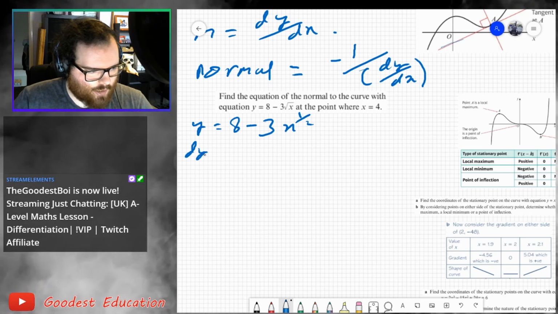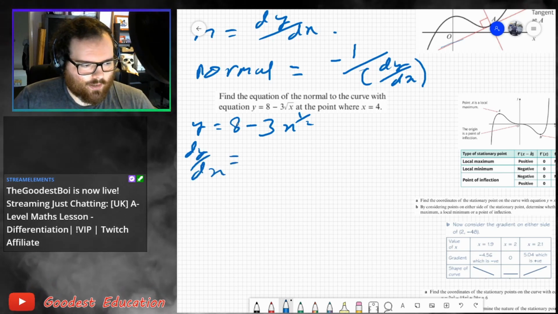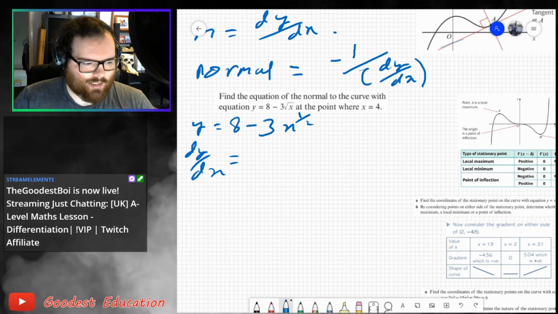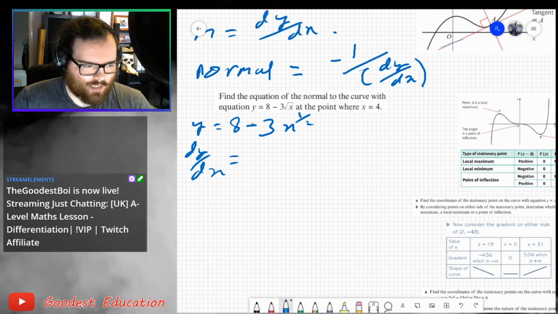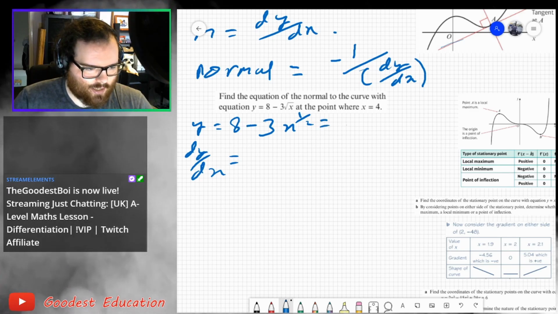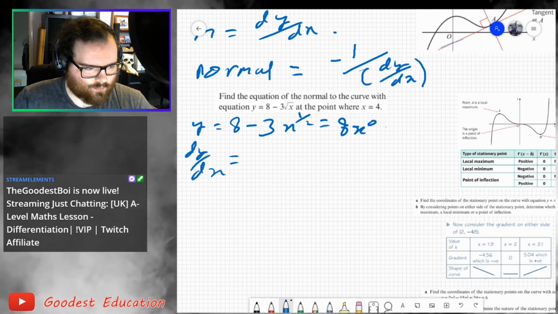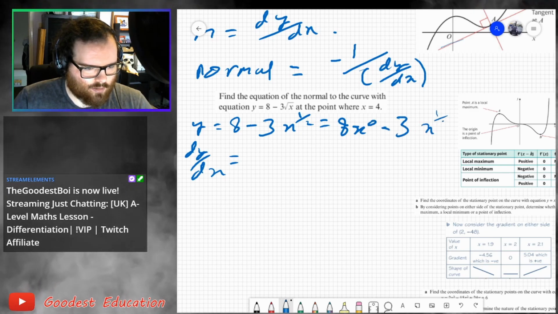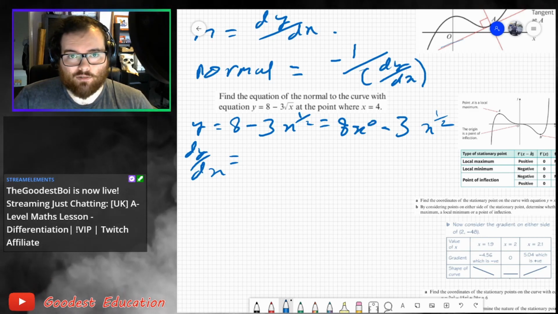So then dy/dx. Anything that doesn't have an x, when you differentiate it, just disappears, because this 8 is technically 8x to the 0, minus 3x to the half, because anything to the power of 0 is 1.